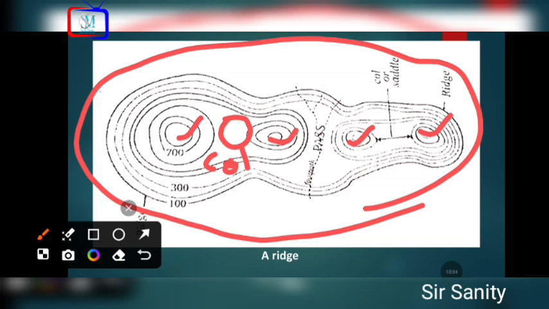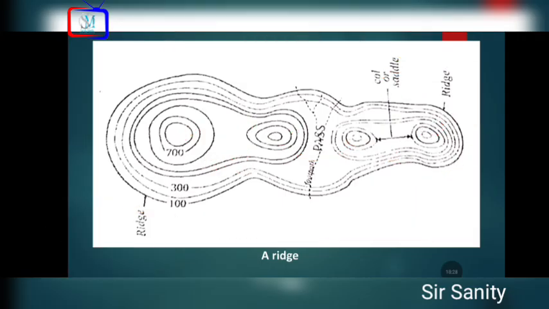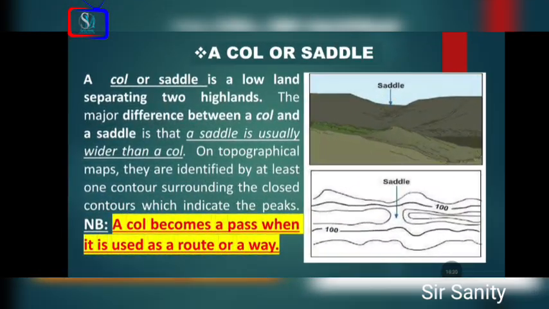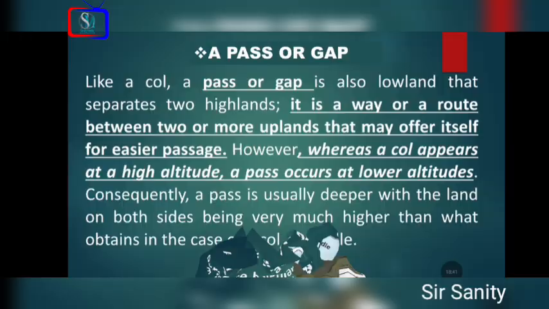Then this place, because it is used as a footpath or as a route, is no more called a col, but it is called a pass, or a gap. So here is a col, a saddle, but this place is a pass. Thank you very much for getting the concept of a col and a pass. I've already explained that a col becomes a pass when it is used as a route or a way.